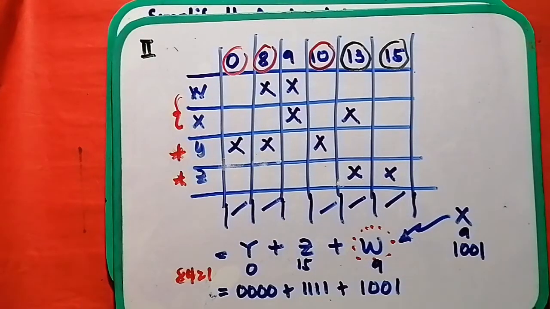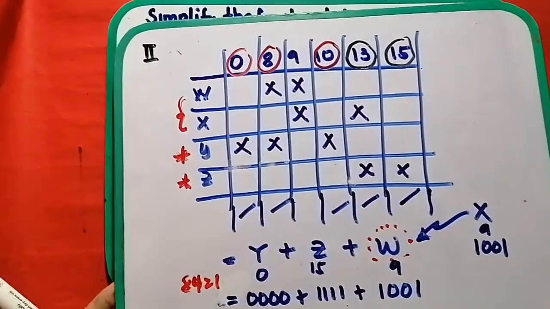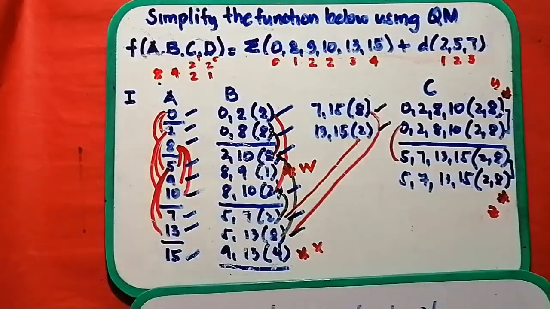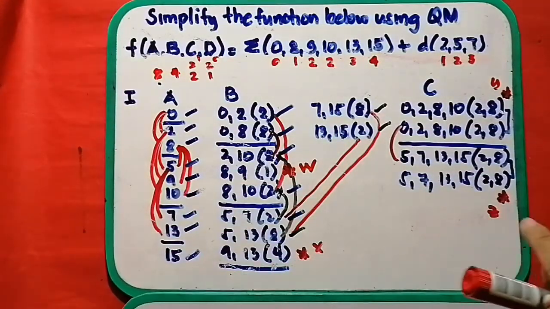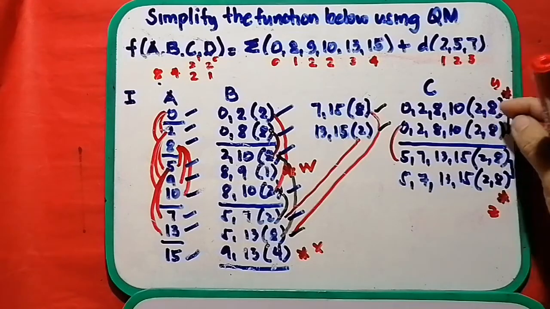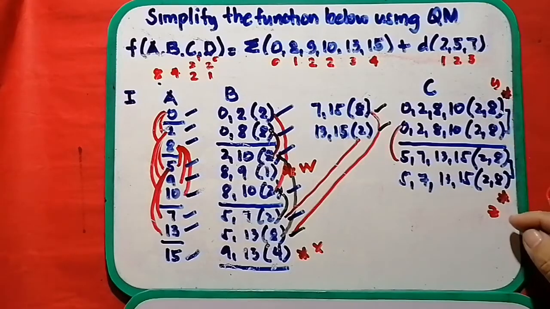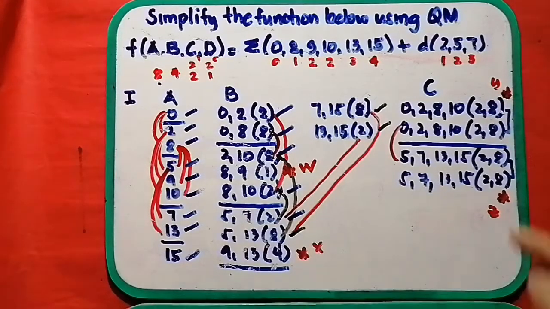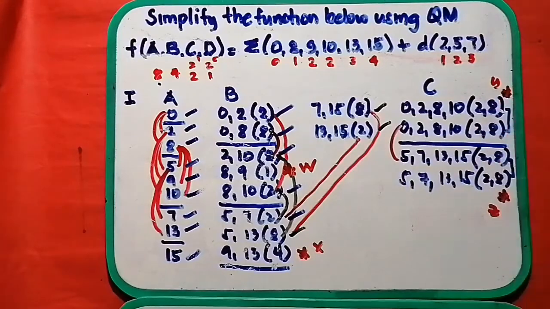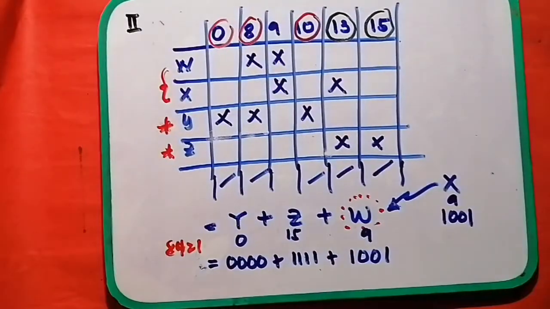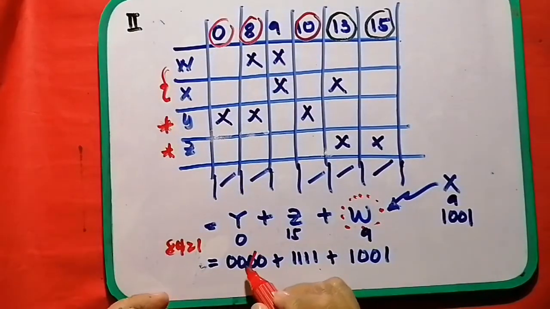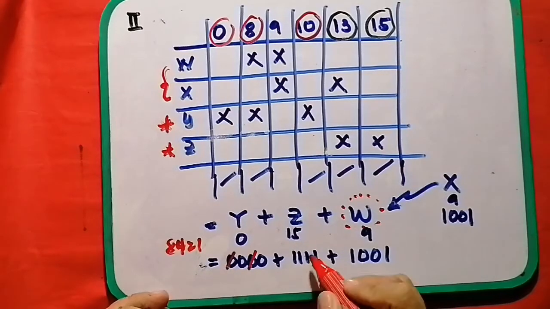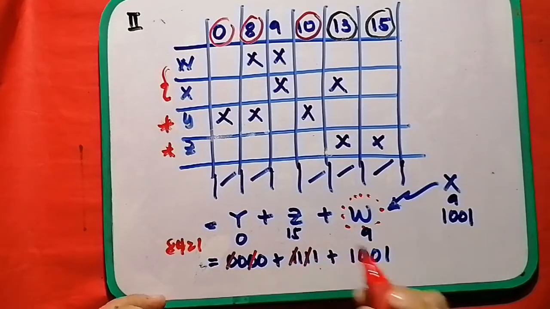The next, we go back to part 1 and look at the difference for cancellation. For y, we're going to cancel 2 and 8. Same thing with z. 2 and 8 for the difference. So we cancel 2, 8. So 1, 2, 4, 8. 1, 2, 4, 8.